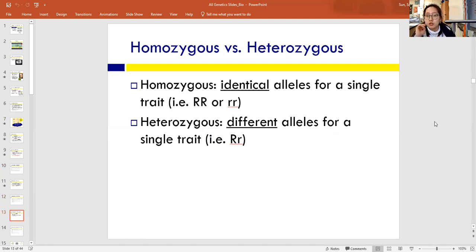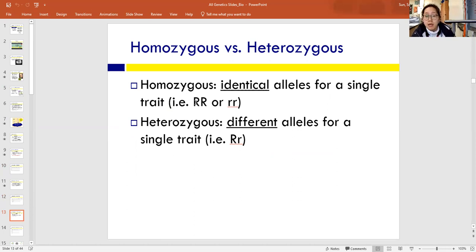Now we're going to talk about new terms called homozygous and heterozygous. So homozygous, like in the video said, it means that the alleles are the same. So whenever you have your two alleles, it means that they are the same type, whether they're both capital or they're both lowercase. So in this case, you can have homozygous dominant, which is capital R, and you can also have homozygous recessive, which is lowercase r.